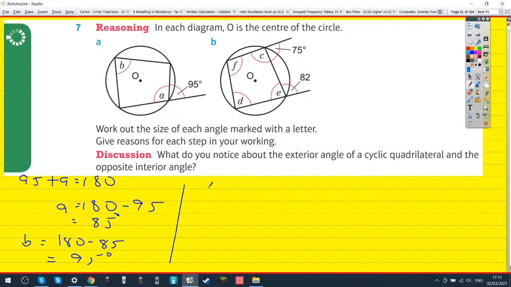And so that means that E is 98 degrees. E is 98. And that means that C is 105 degrees. C is 105. So does that mean D is 75? Yep. And F is 82? And F is 82. Great.